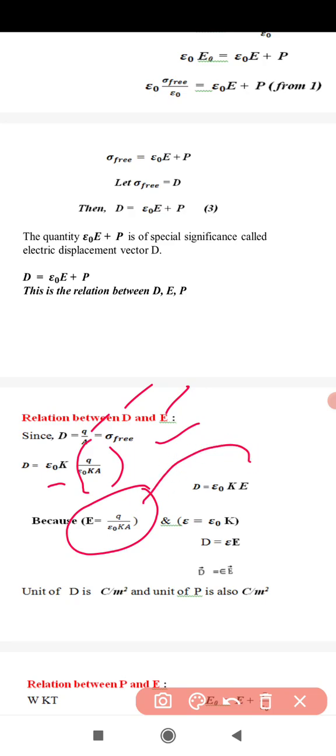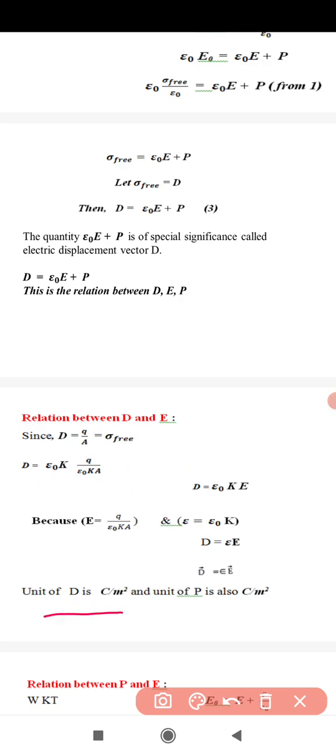It is replaced by the electric field E, and epsilon is equal to epsilon naught into K, where K is the dielectric constant term. Therefore, finally D becomes epsilon into E. This is the relationship between the displacement vector D and the electric field intensity.